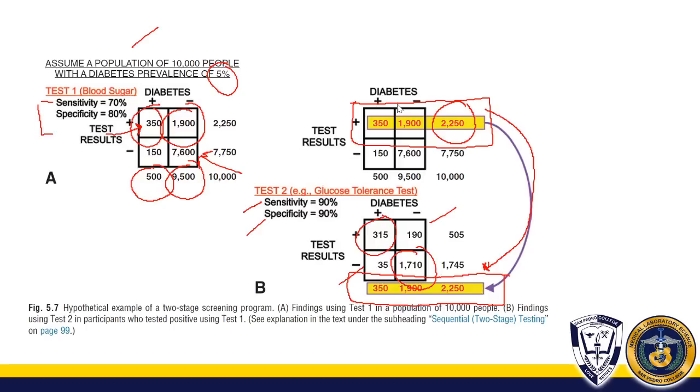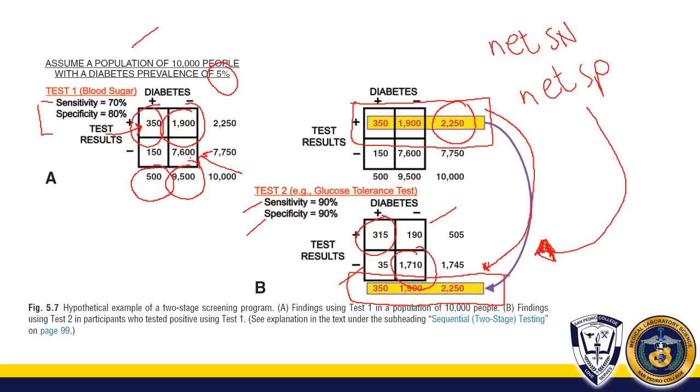Now, since we already have these values, we are now ready to compute for your net sensitivity and your net specificity. So how to compute your net sensitivity and specificity? By using our n values.